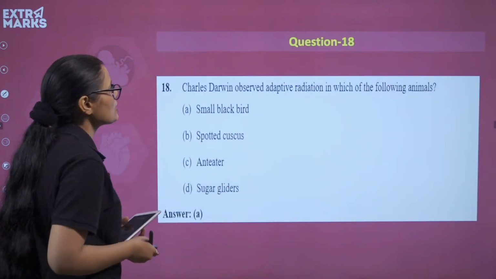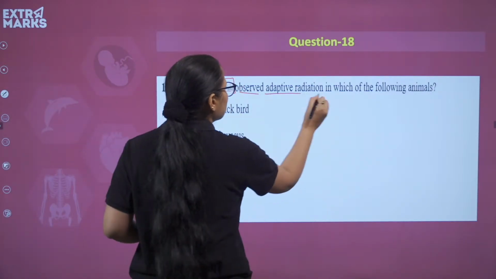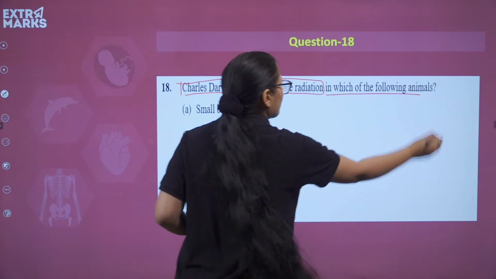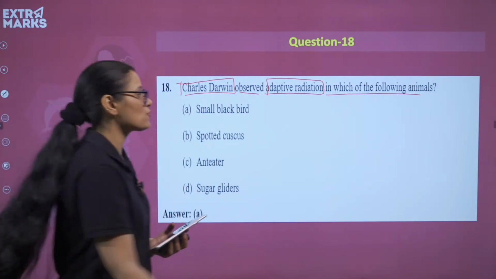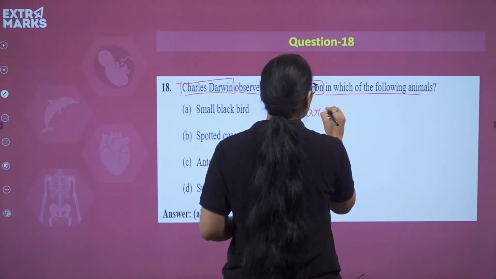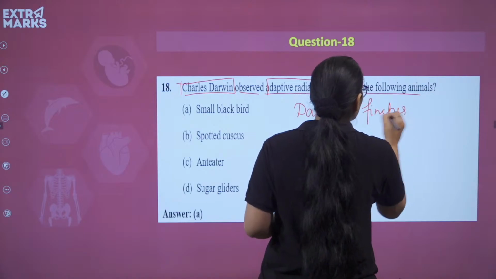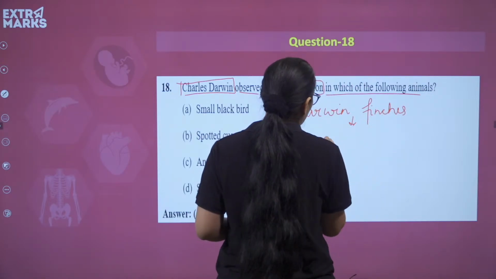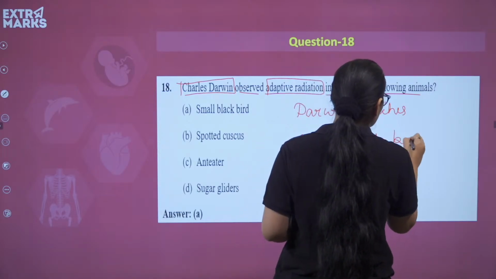The next question is question number 18, that says that Charles Darwin observed adaptive radiation in which of the following animals? Charles Darwin worked upon Darwin's finches, a small black colored bird.